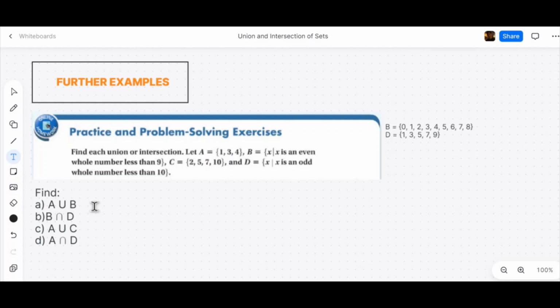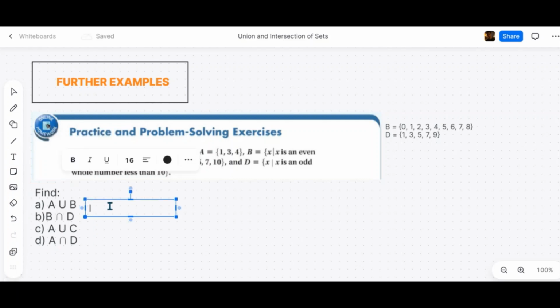First is, we have A union B. Now this problem, we have to observe the elements of set A and also set B. Now, to observe 1, 3, 4 from set A and 0 to 8 from set B, we can combine the elements starting 0, 1, 2, 3, 4, 5, 6, 7, 8.